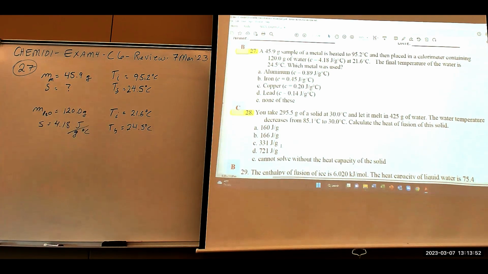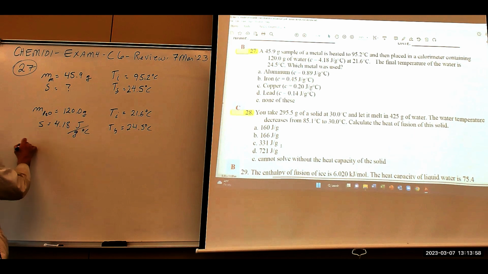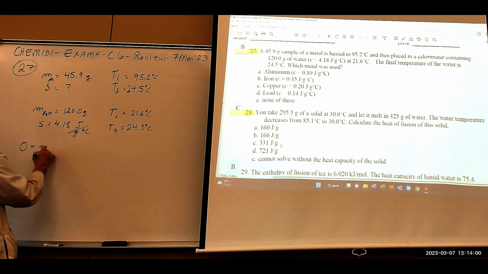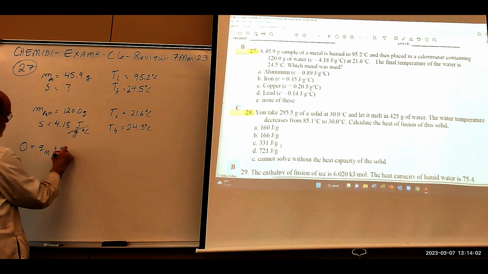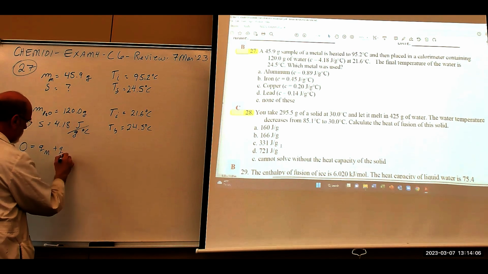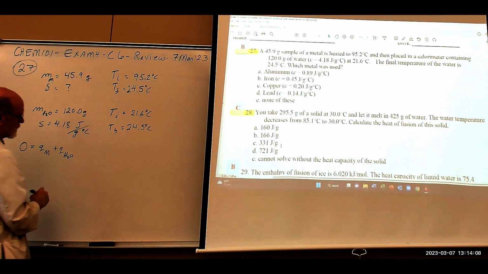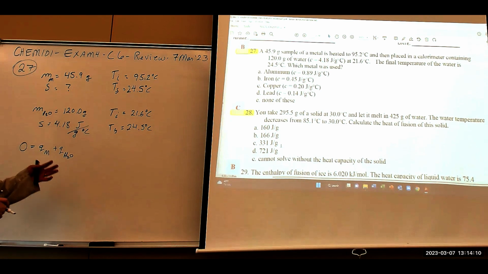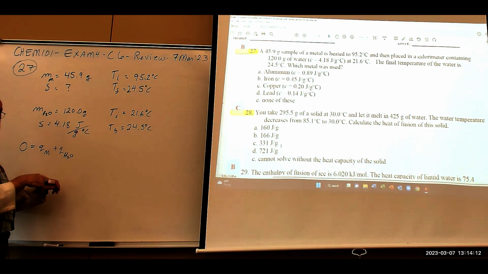Okay, so I think we got everything we need. We just set it up. This is the Q of the metal plus the Q of the water. And again, be consistent. We're ignoring the calorimeter.